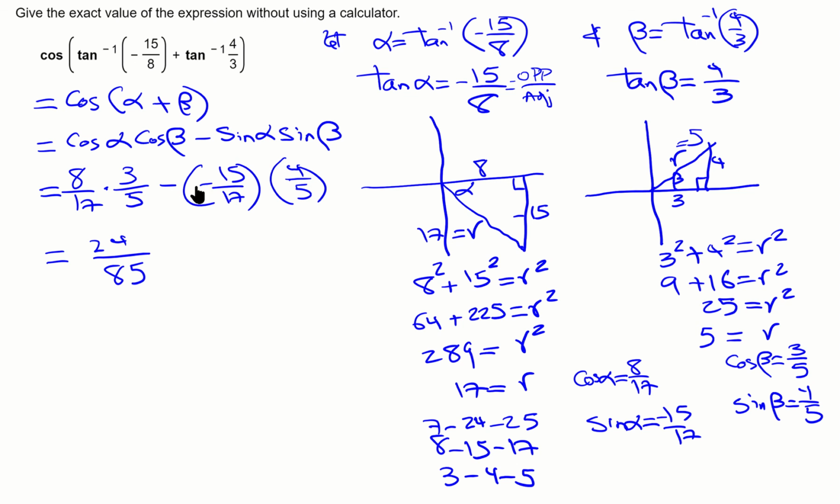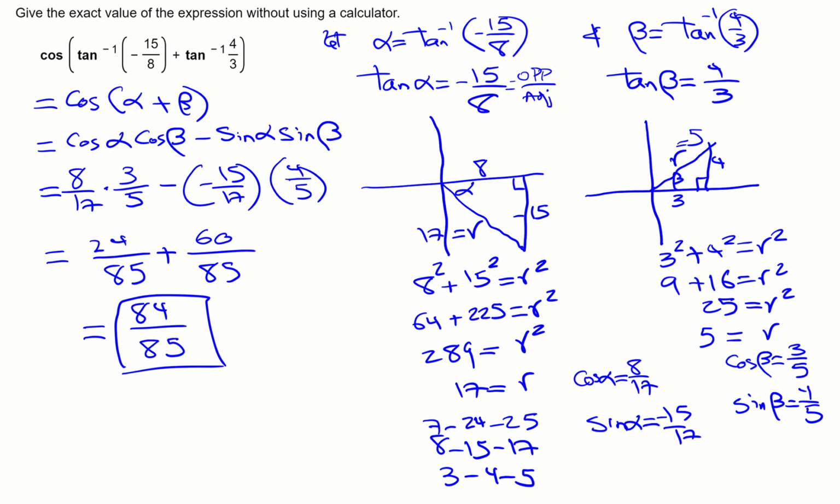Notice that this negative times that negative turns this product into a positive product, so we get plus 60/85. Now we simply combine those. They have the same denominator, so it's very easy. So it's going to be 84/85. So that's how you do these compositions of trigonometric functions.